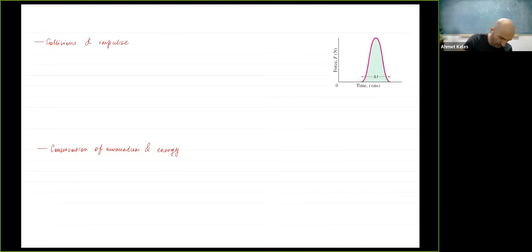And so, maybe I can write this. During collision, collision time is very short, but the force due to collision is big.